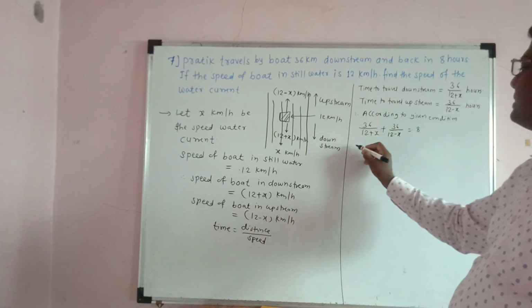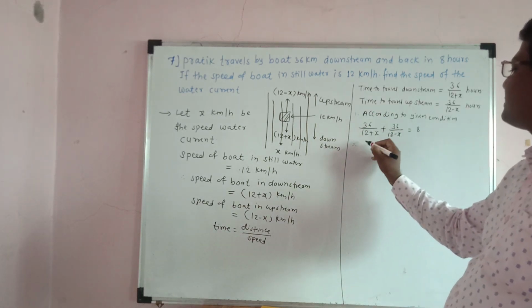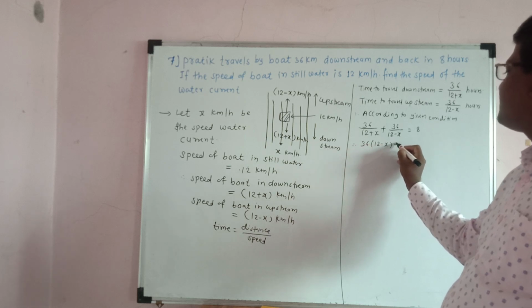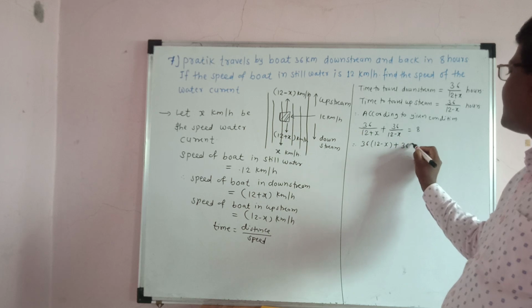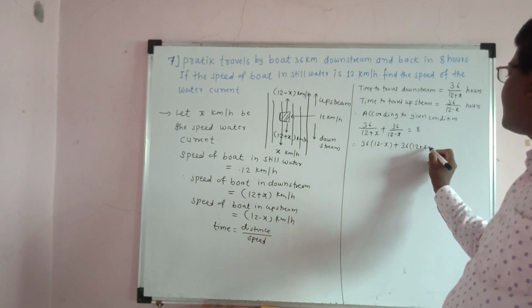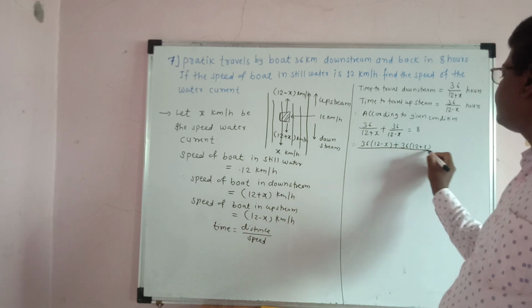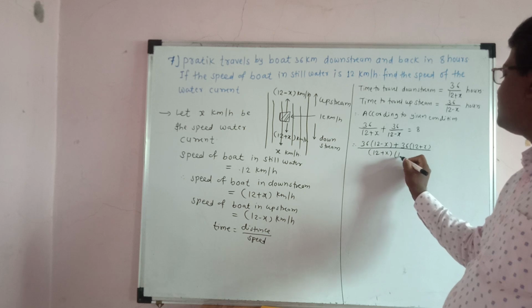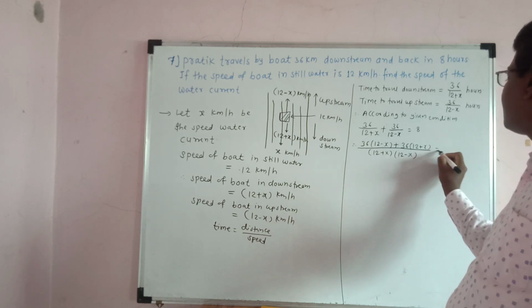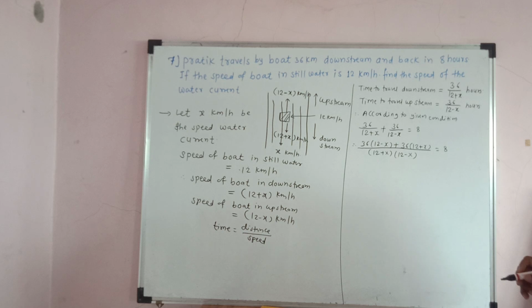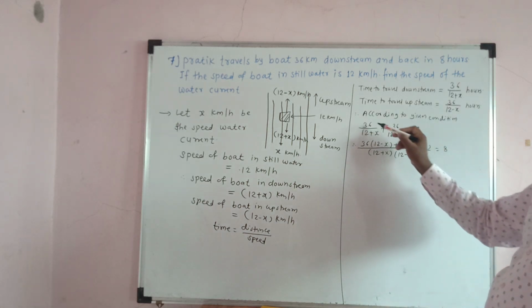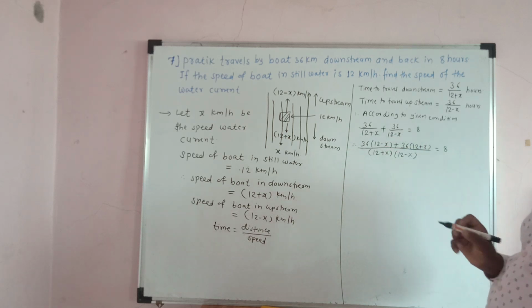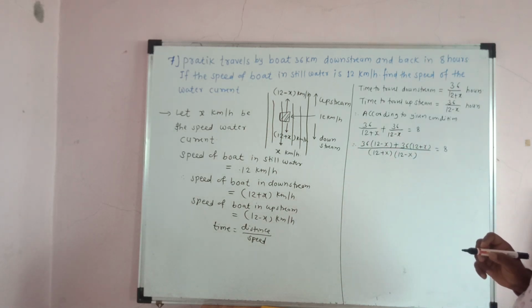Now take cross multiplication. 36 in bracket 12 minus x plus 36 in bracket 12 plus x upon 12 plus x into 12 minus x is equal to 8.